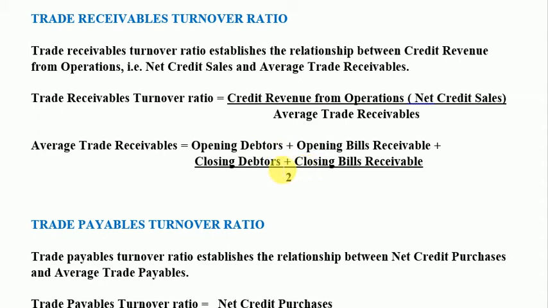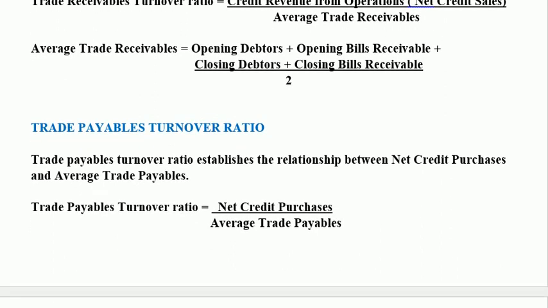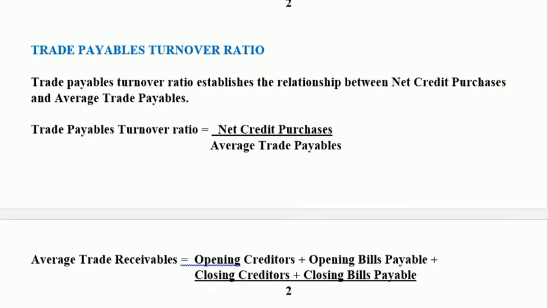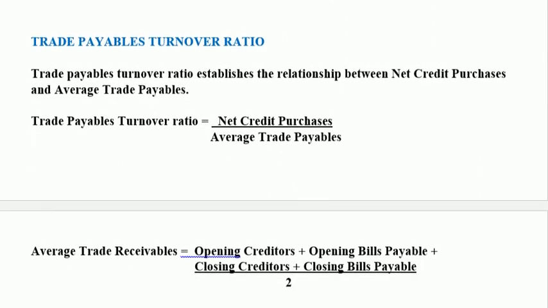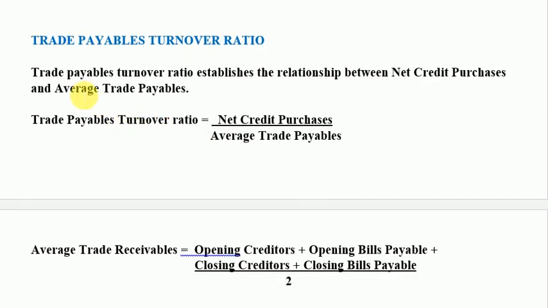The next category of activity ratio is called trade payables turnover ratio. As the name says, trade payables include creditors and bills payable, just like we have in trade receivables, debtors and bills receivable.